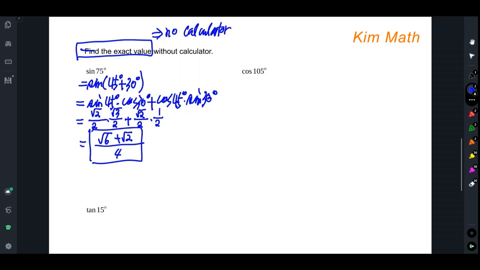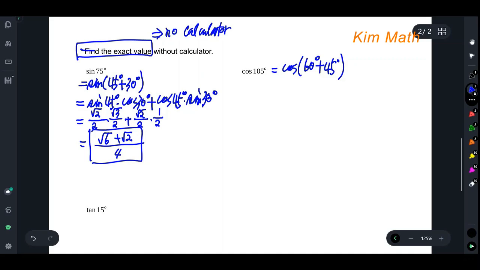Cosine 105 degrees. Again, cosine 105 is not a special angle, but you can rewrite this as cosine of 60 plus 45. In here, 60 and 45 are both special triangles. I hope you will remember the sine and cosine values of 60 and 45. Let me use the identity first.